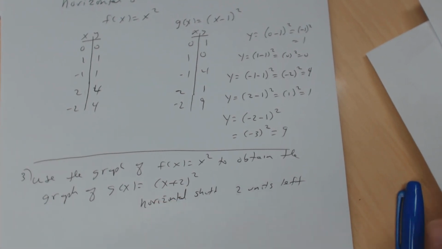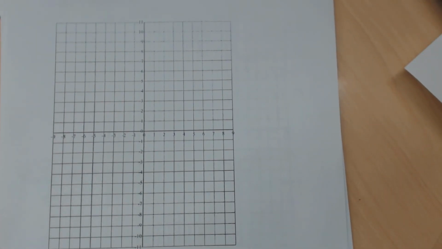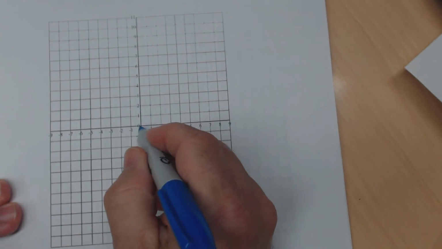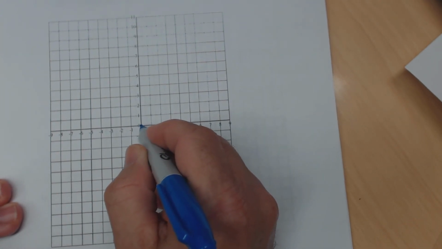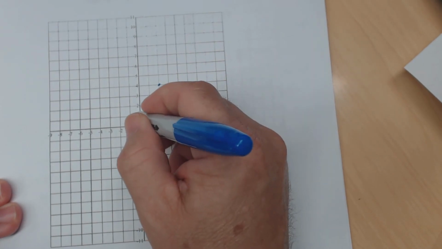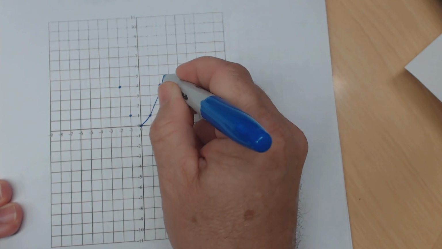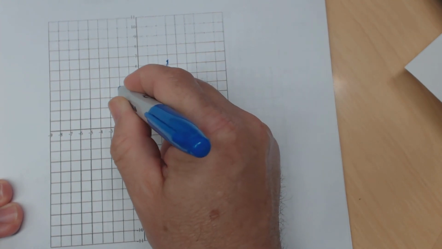Okay? So in terms of the graph, this is what you would show. You would graph your parent function first. So the parent function, the points are 0, 0, 1, 1, 2, 4, negative 1, 1, negative 2, 4. So that's your parent function, just like that.